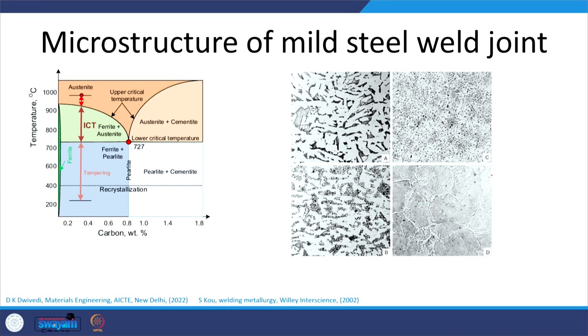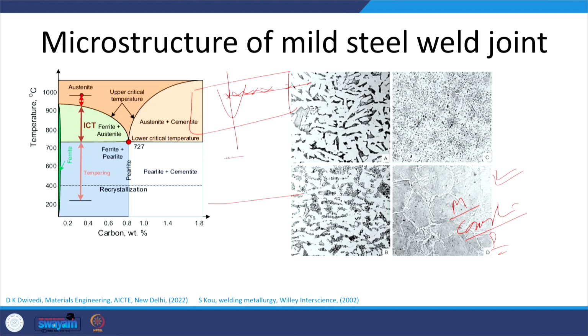Next to the fusion boundary, due to the higher cooling rate and formation of coarse grained austenite, we get a coarse martensite structure coupled with pearlite. These structural changes produce, say, for this weld zone, a hardness distribution when measured from the weld center away towards the base metal.